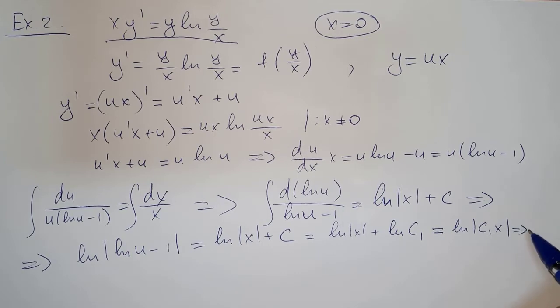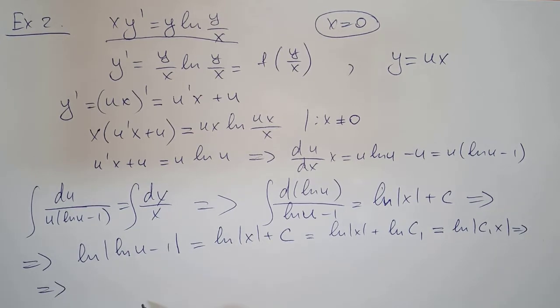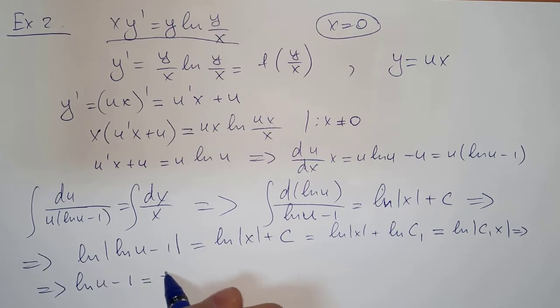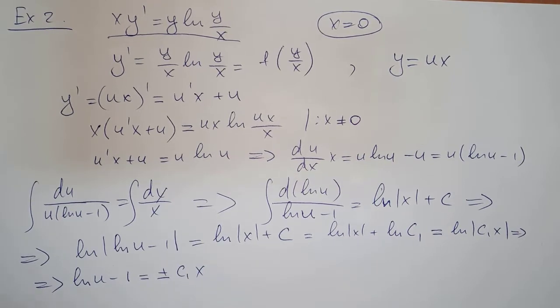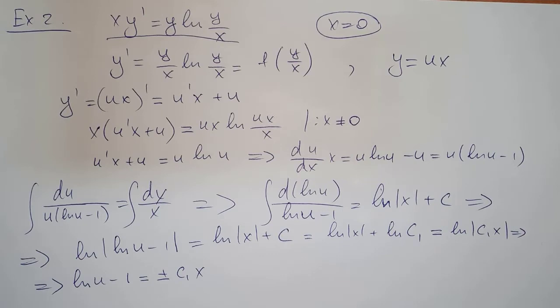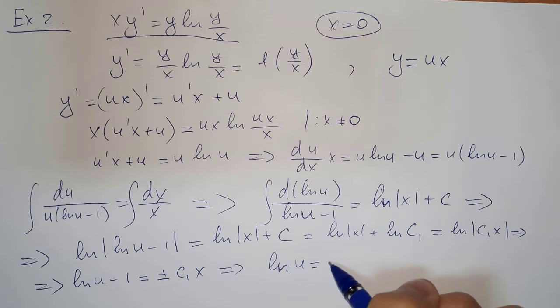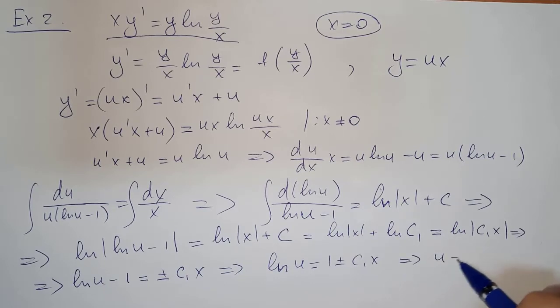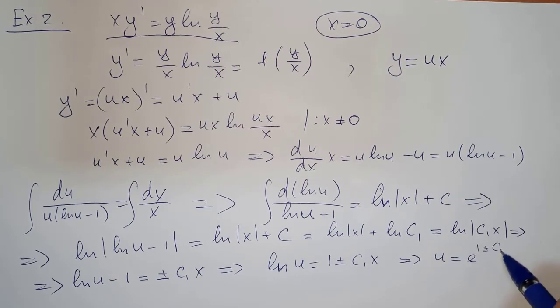Then ln(u) minus 1 equals plus minus c1 x, and we need to find u. ln(u) is 1 plus minus c1 x, or u is e to the power of 1 plus minus c1 x.